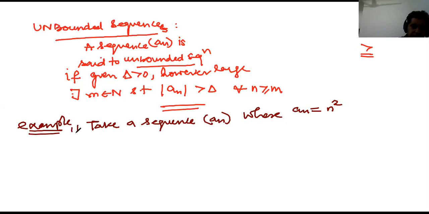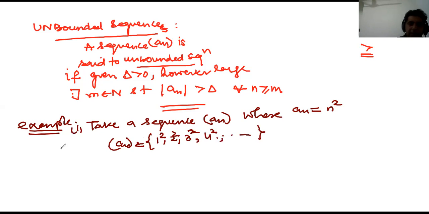Now how will the sequence an look? You can write it as 1 square, 2 square, 3 square, 4 square, and so on. Okay, this way you can write this. Now we know that an is always greater than or equal to 1 for all n.